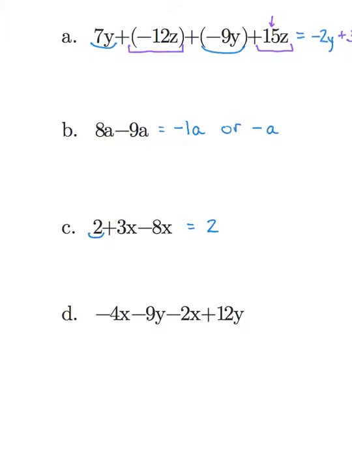For our 3x, we can combine 3x and -8x. 3 and -8 have different signs, so we are going to subtract to give us 5. Our larger number is negative, and so it will be -5, and we keep the variable. So we get 2 minus 5x.